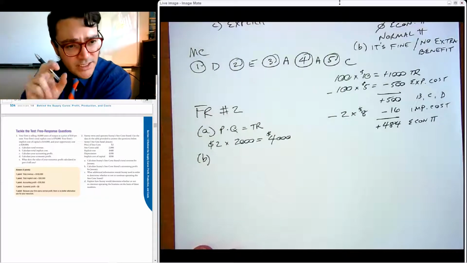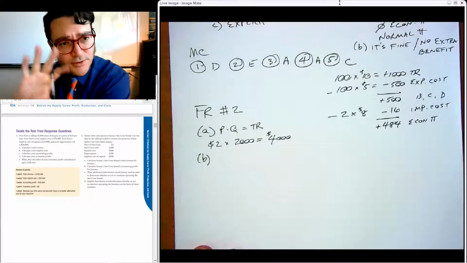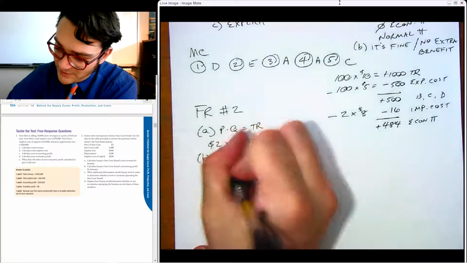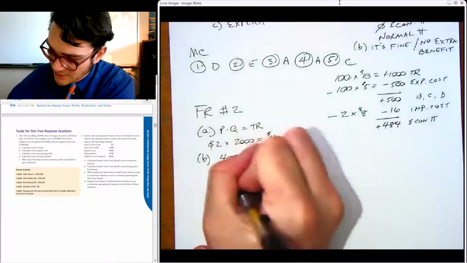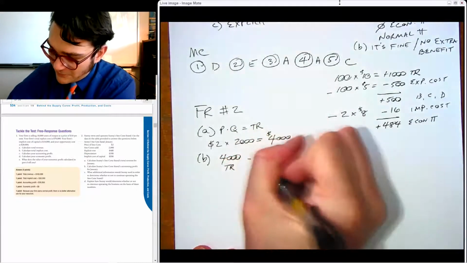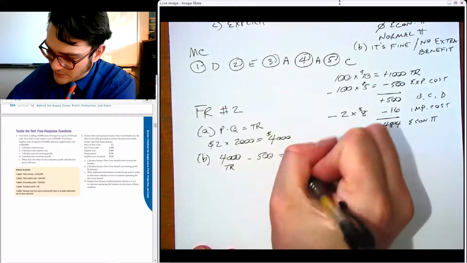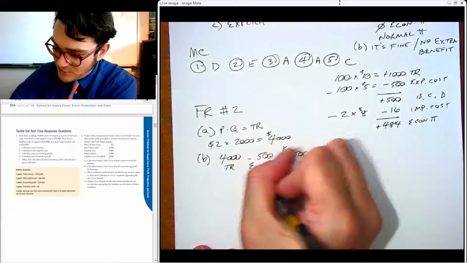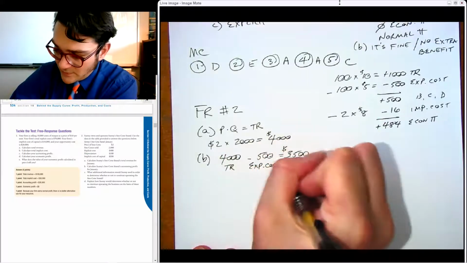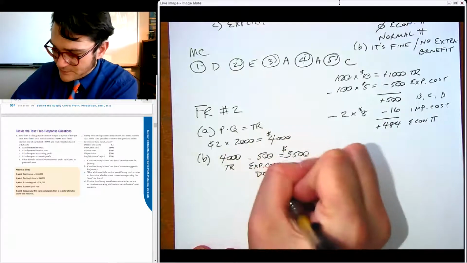The explicit cost it gives us is 400, depreciation is 100, so minus 500. So we have 4,000, because it's the TR, minus 500 gives us 3,500. So this is the explicit cost plus depreciation.